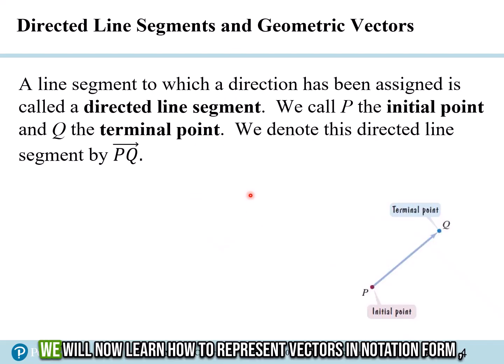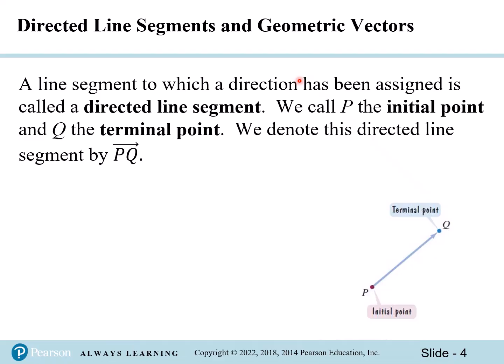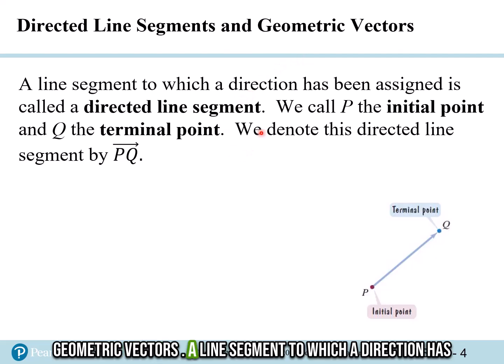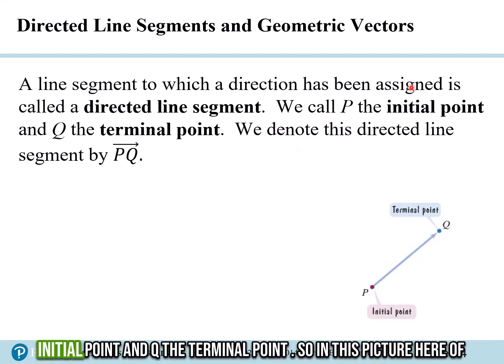All right? We will now learn how to represent vectors in notation form as well as how to represent them geometrically as a diagram. We'll talk about directed line segments and geometric vectors. A line segment to which a direction has been assigned is called a directed line segment. We call P the initial point and Q the terminal point.